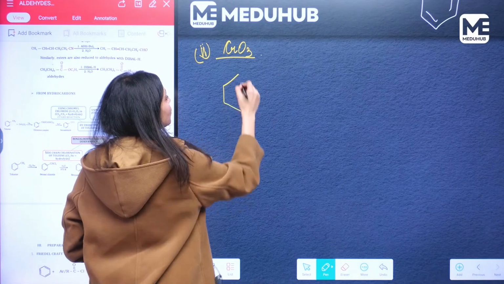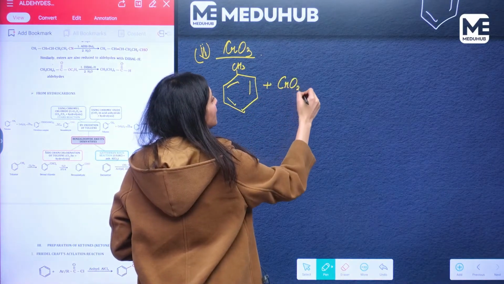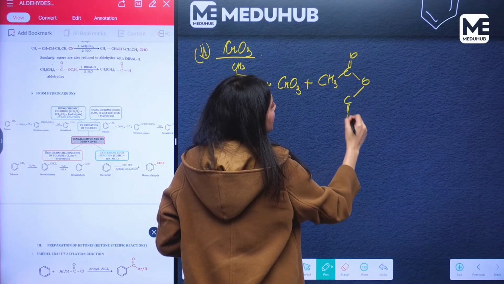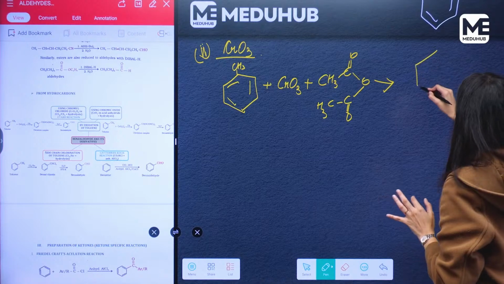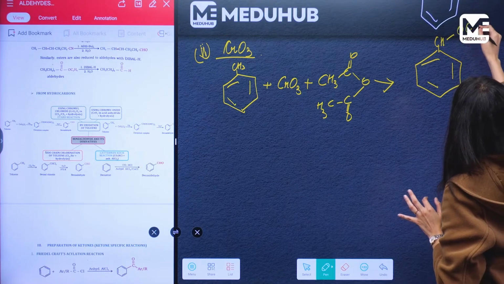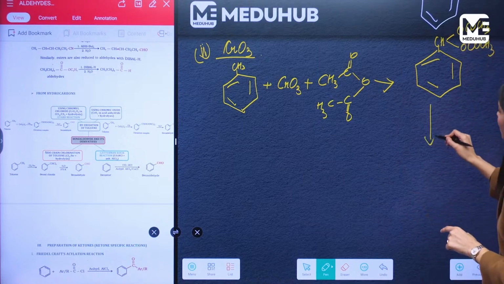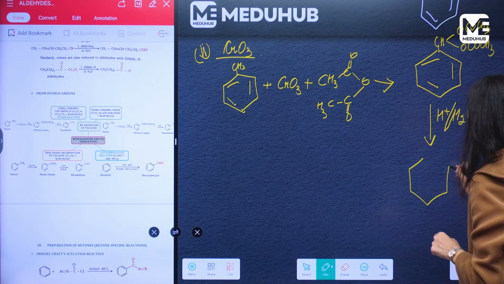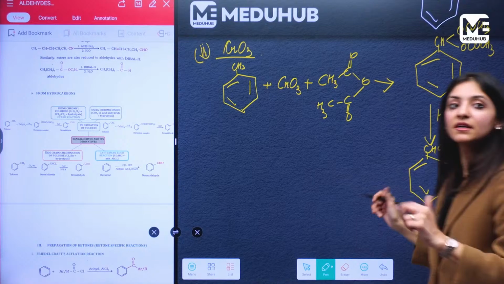So if we use chromic oxide on toluene, plus CrO3 with acetic anhydride, we will again get a complex intermediate like this: CH(OCOCH3)2, which when treated with acid and water gives us benzaldehyde as the product. So these are the two methods.